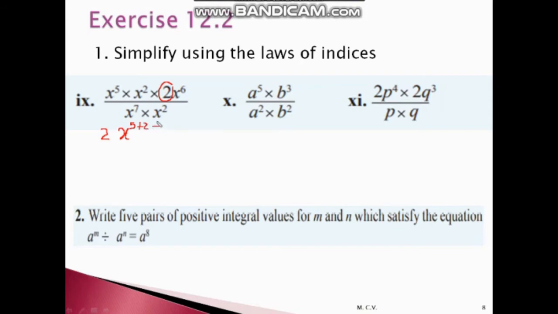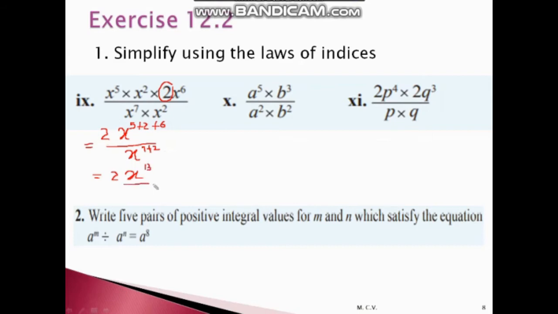Now add the indices in the denominator: 7 plus 2. Now let's simplify that. 2 x to the power 5 plus 2, 7, 7 plus 6, 13, divided by x to the power 7 plus 2, 9.